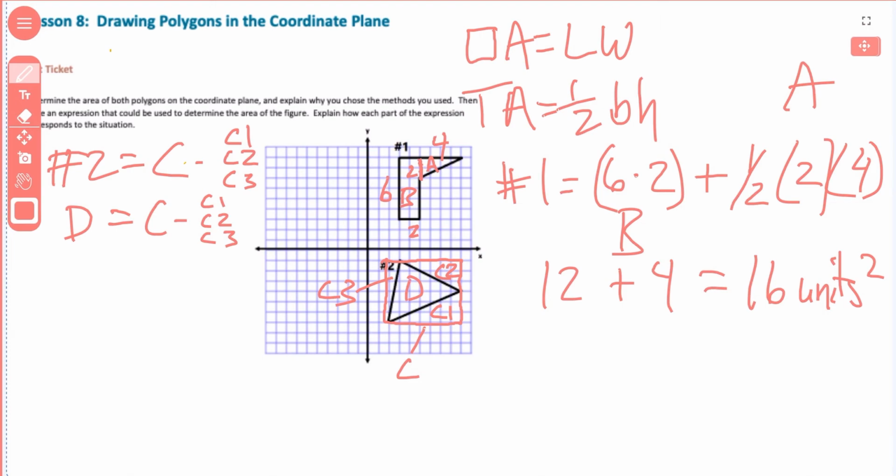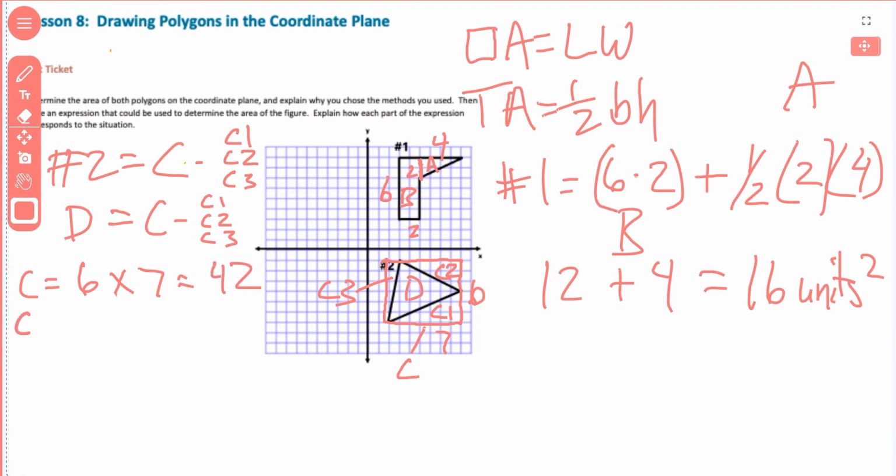Yeah, it's a rectangle, so we got to find the area. What's the area? I got 7 and 6. 7 and 6, okay. So C is equal to 6 times 7, which is 42.